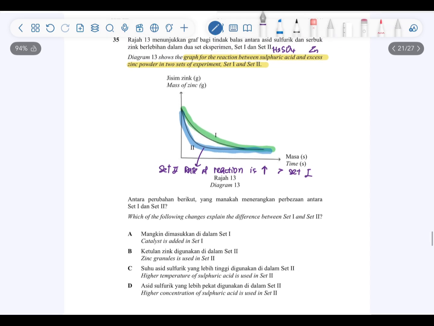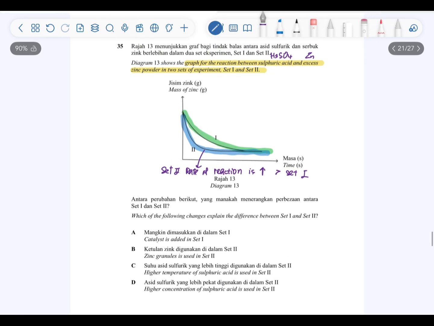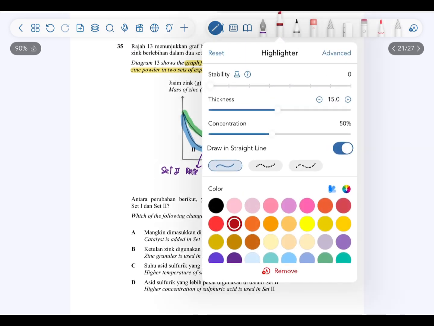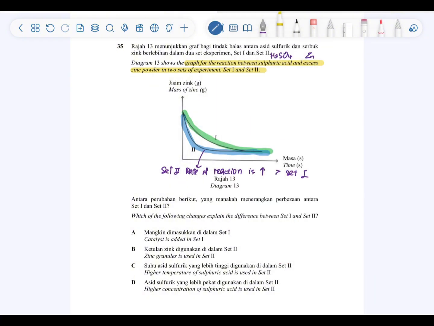So we are going to find which change explains the difference between set 1 and set 2. Let's go through the options one by one, A, B, C, and D. A, catalyst is added in set 1. No, the answer should be set 2 because the rate of reaction is higher.